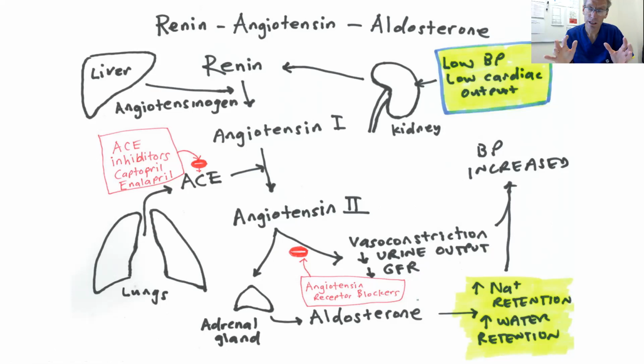And so when you've got a situation of hypotension or hypovolemia, dehydration, hypovolemic shock, you'll have high levels of renin-angiotensin-aldosterone and also antidiuretic hormone, usually in most cases.